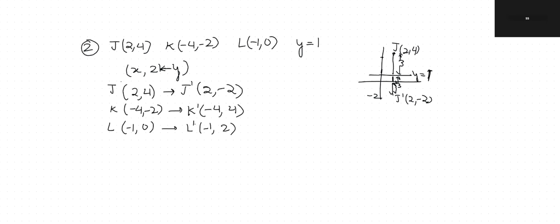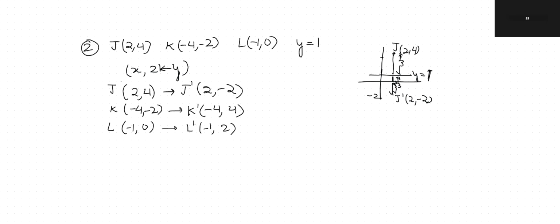So same way we do like we did in the earlier one. First we find the distance. Okay. Keeping the x coordinate same. And we calculate the vertical distance from the original point, the y coordinate, to the line y is equal to 1.